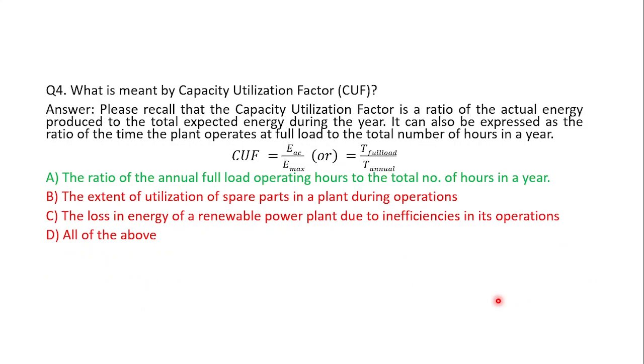Okay. Number 4, what is meant by capacity utilization factor? There are two definitions that I had told you about, right? The capacity utilization factor is the ratio of actual energy produced to the total expected energy during the year, or you can interpolate it to a day or a week or a month also, with the assumption that it's going to follow the same curve every day or every week.